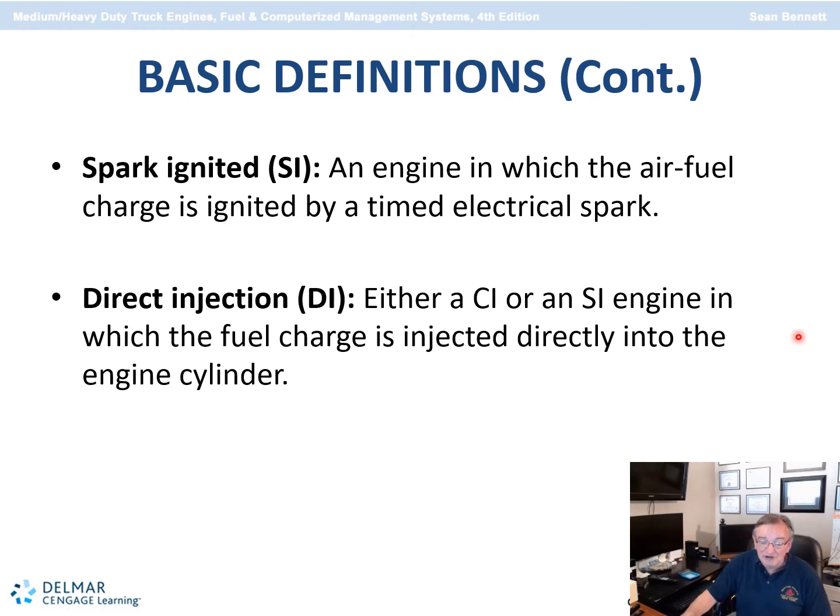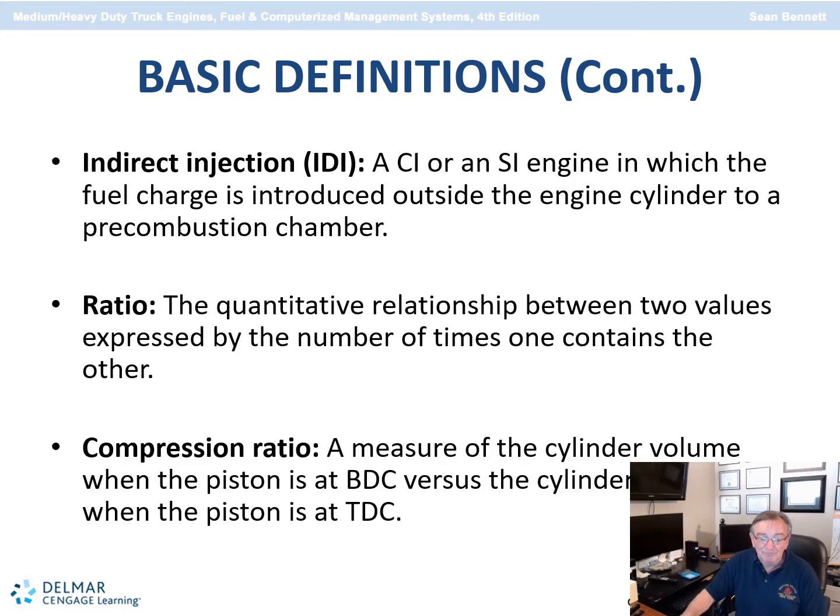In a direct injection engine, the fuel is injected directly into the cylinder. In modern engines, the direct injection is timed by the electronic control module that controls the engine fueling. Indirect injection, you don't see that very much, where you have a side chamber that delivers the charge of fuel into the cylinder area.